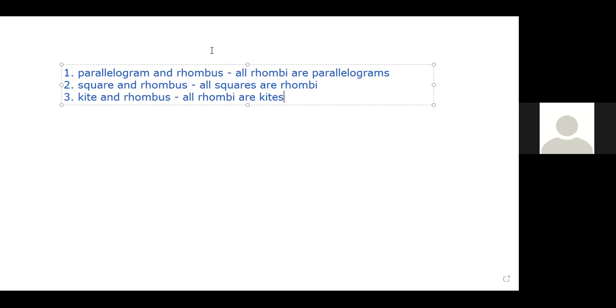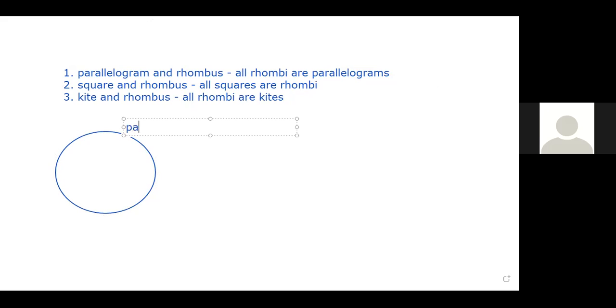Okay. So let me just draw to illustrate that. This is parallelogram, and then let me just draw all three maybe.